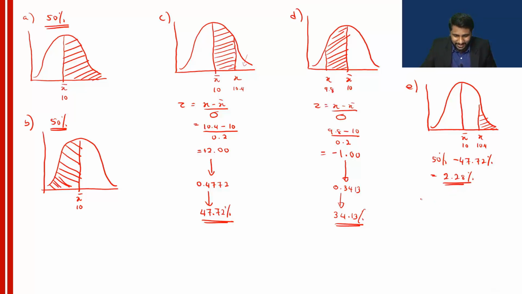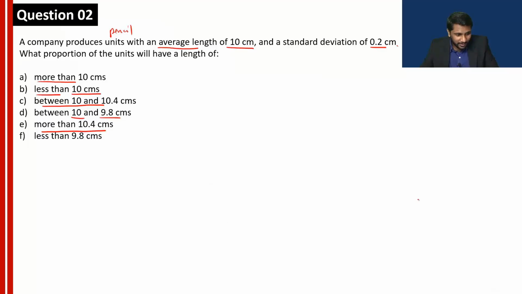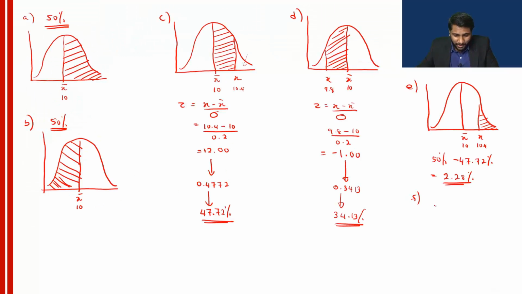The same kind of question is there in the next one also. Question F: what is the chance of less than 9.8 centimeters? Let me draw the bell curve and mark the x bar, which is your mean, and the x variable, which is 9.8. This time they are asking for this particular part. We know the entire left part is 50%.